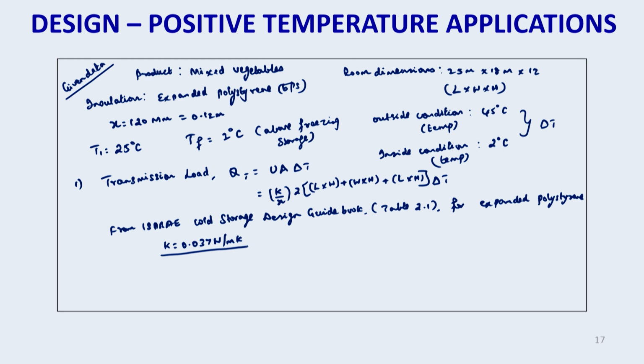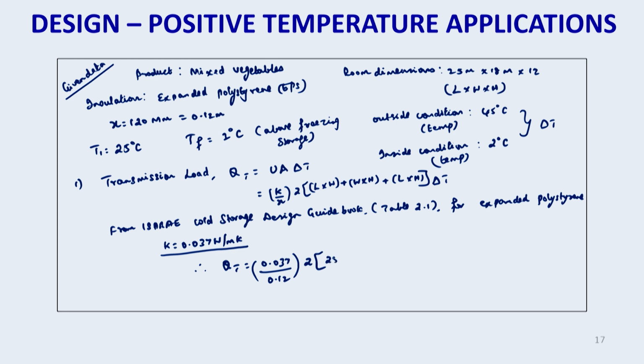Watts per meter Kelvin. So, now substitute all the values. Therefore, transmission load is equal to K is 0.037. Thickness of insulation is 0.12 meter. Dimensions of the room are given. Length is 25, width is 18, height is 12.